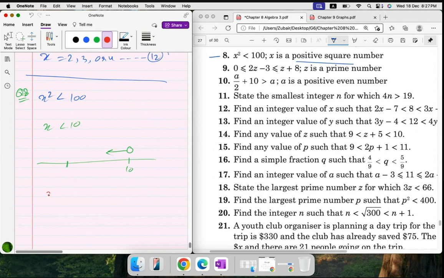So any square number within this range. Sir, 2, 4, 9. That is right, other than 2. We can write 1, 4, 9. Any number out of these.